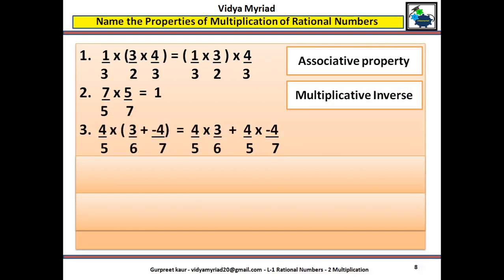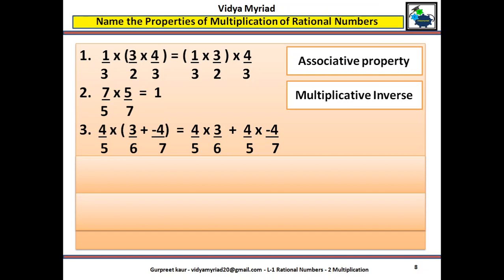Next example. Now here you have 4 upon 5 multiplied by (3 upon 6 plus minus 4 upon 7) is equal to 4 upon 5 multiplied by 3 by 6 plus 4 upon 5 multiplied by minus 4 upon 7.